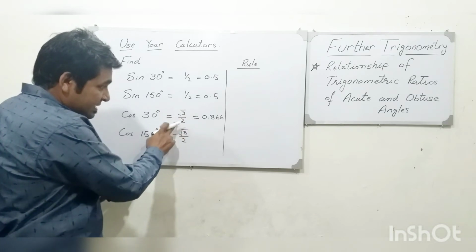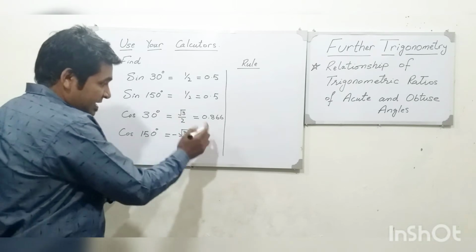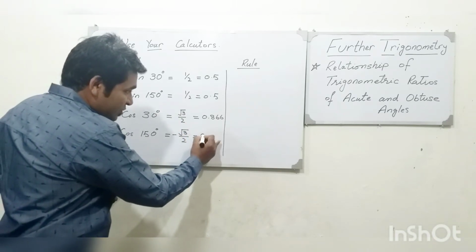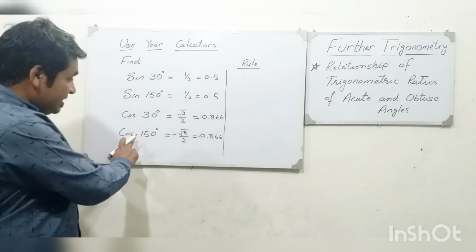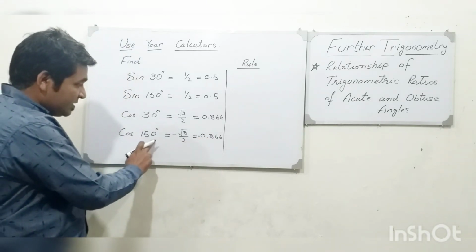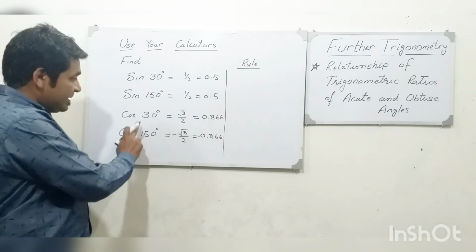Value-wise you can see these are the same, but sign-wise this is positive and this is negative. So it is 0.866 with a negative sign, and we have found the ratio with the obtuse angle.